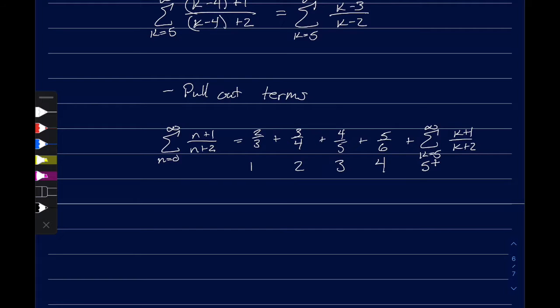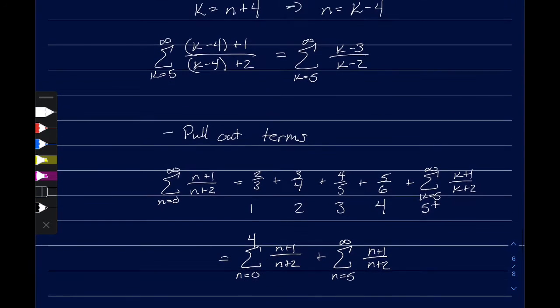Note that we could keep these k's as n's, but it doesn't matter because the k's and the n's are just dummy variables. And we can rewrite this in a more concise form: the sum as n equals 0 to 4 of (n plus 1) over (n plus 2) plus the sum as n goes from 5 to infinity of (n plus 1) over (n plus 2).